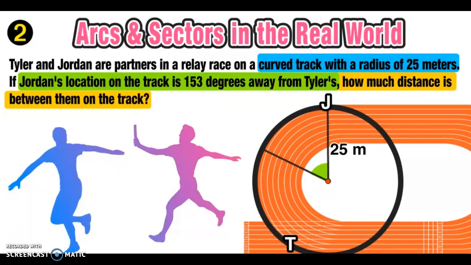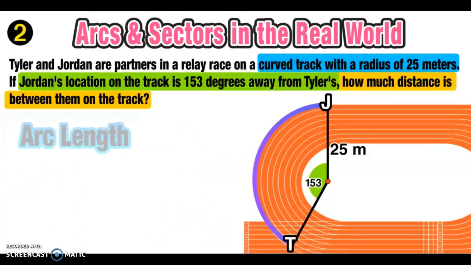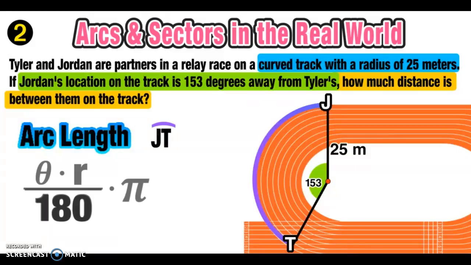We also know that Jordan's location is 153 degrees away from Tyler. It's important to visualize that Jordan's going to have to run on a curved path along the track until he reaches Tyler and hands off the relay. So we don't want linear distance, we want curved distance. Therefore, we're going to use the arc length formula to find the length of arc JT.